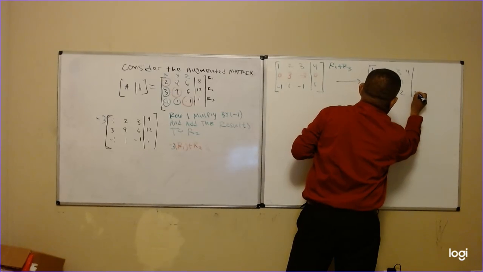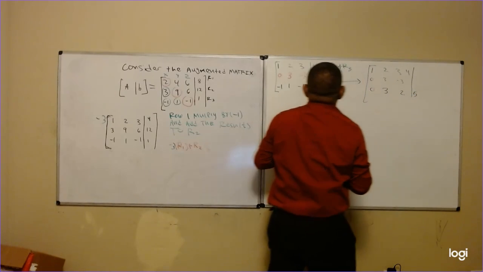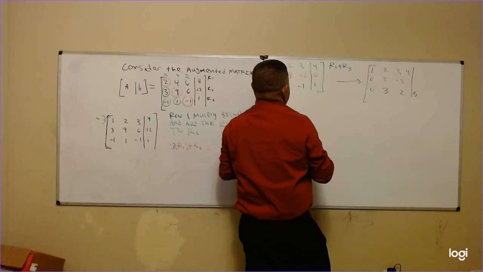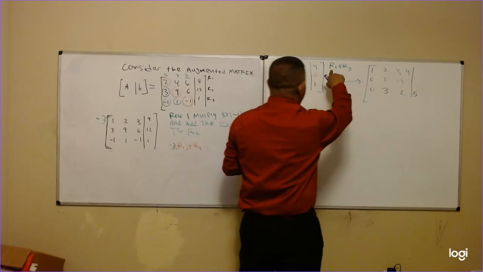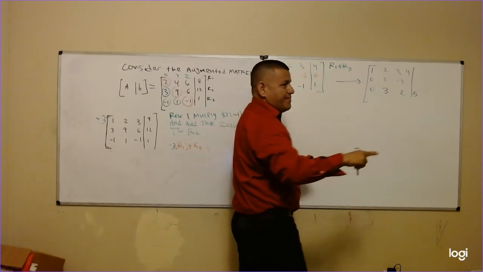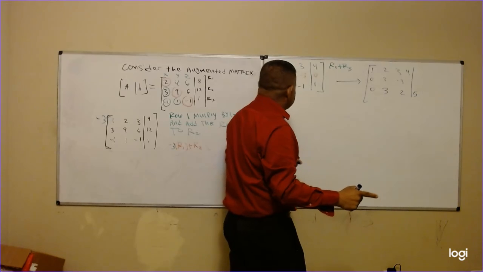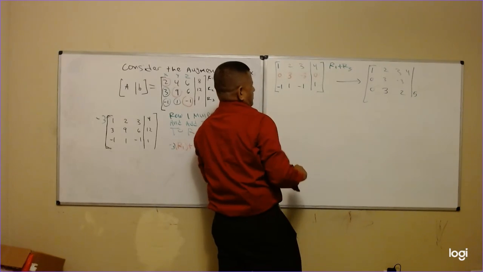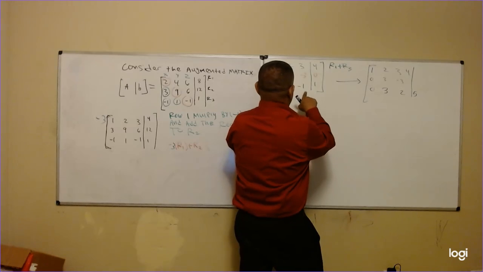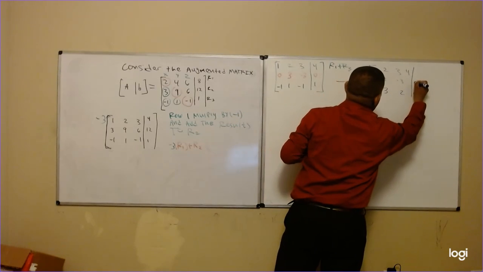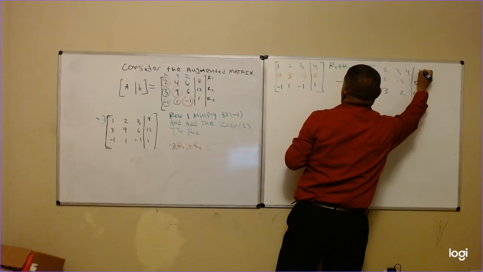So 5 here. Right? So now, here R1 plus R3, but I am adding the result in R3, right? So here this is 0, and this is 4.